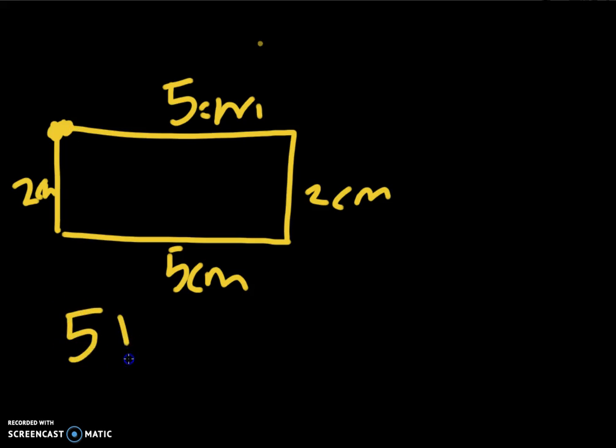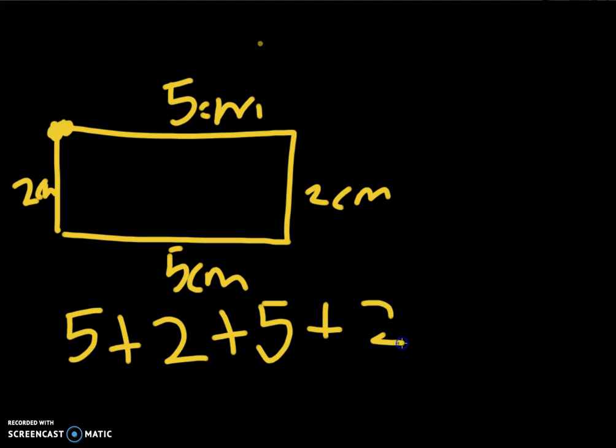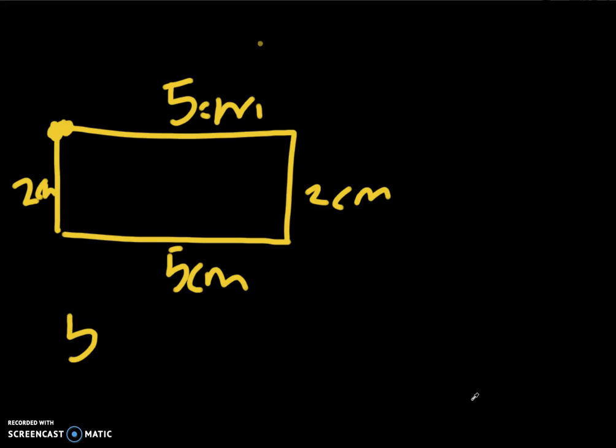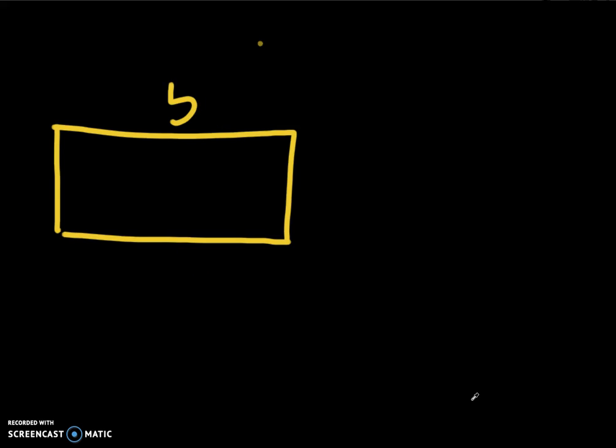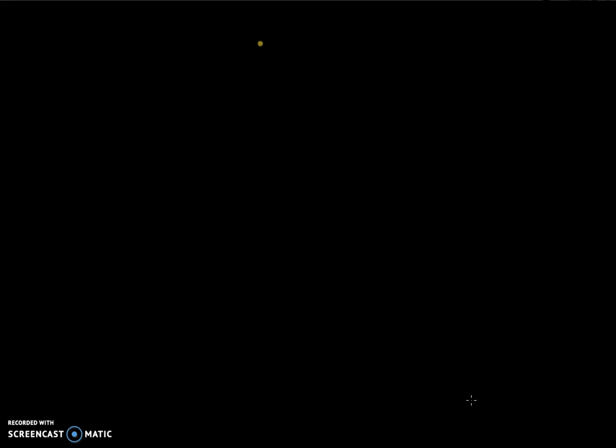That's 5 plus 2 plus 5 plus 2, which gives us 14 centimeters. So the perimeter is basically the length around the whole shape. We draw a dot on one of the corners, and then we pretend someone's running around the shape, and we add up all of it. So this is basically what a perimeter is.